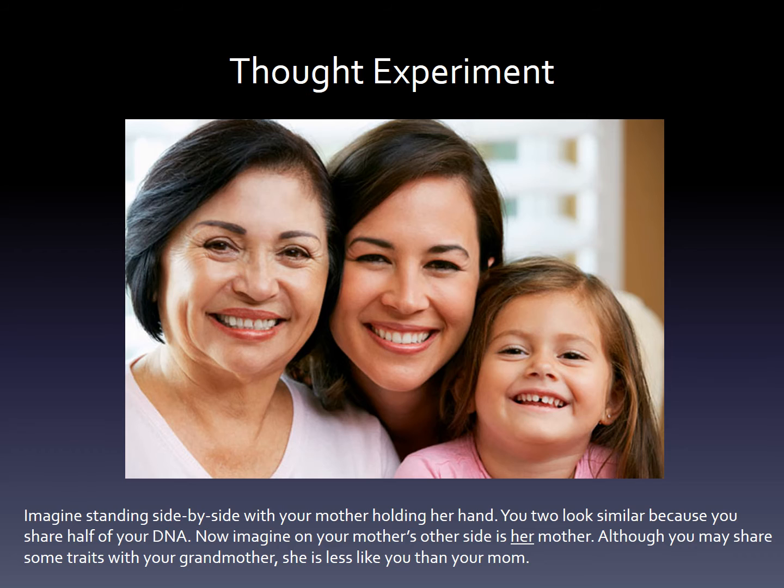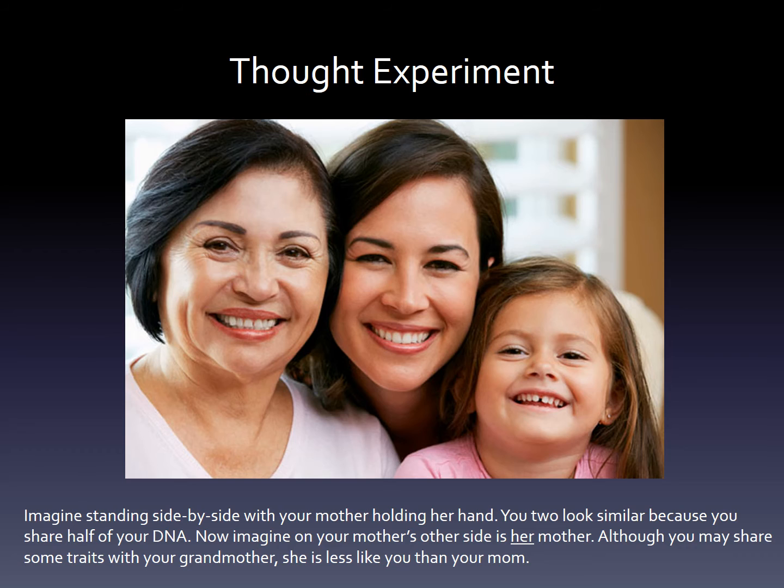So thinking about that, here is a thought experiment. Imagine standing side by side with your mother holding her hand. You two look similar because you share half of your DNA. Now imagine on your mother's other side is her mother. So I'm showing this multi-generational family here of a grandmother, her daughter, and the granddaughter.